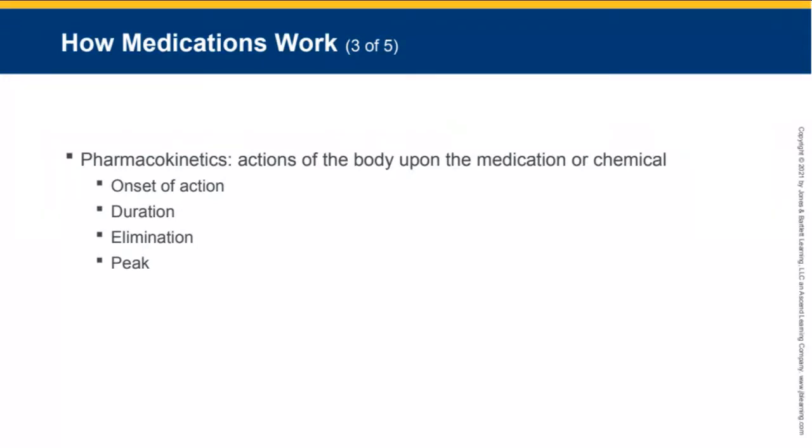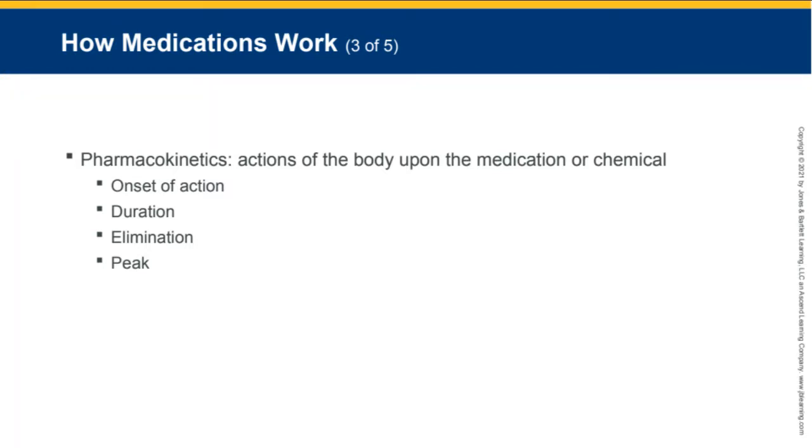Pharmacokinetics is really the actions of the body upon the medication or chemical. In pharmacy, when we talk about pharmacokinetics, we look at the absorption of the drug, the distribution of the drug, the metabolism of the drug, and the elimination of the drug.